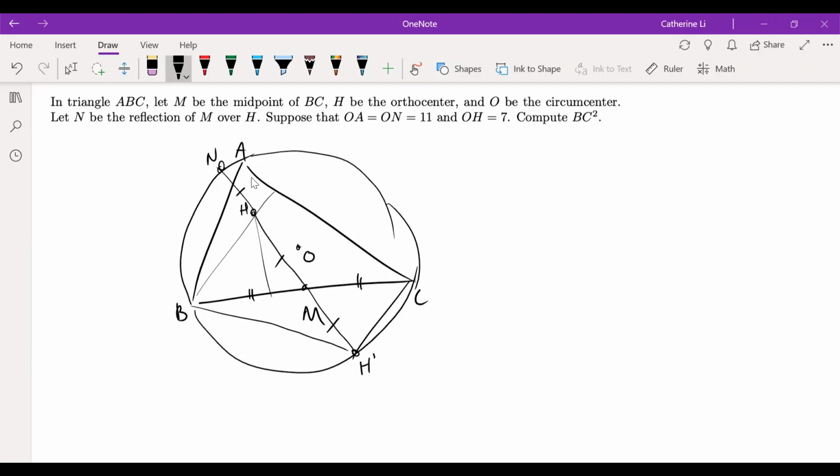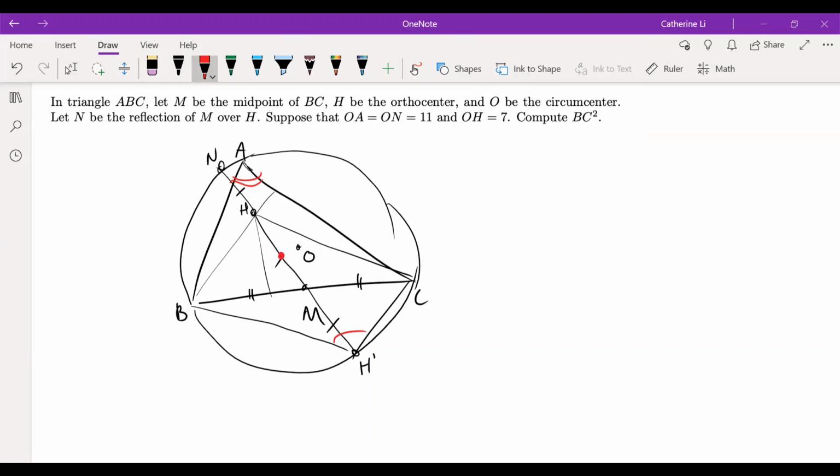And then we can also find angles involving A. So what you end up getting is that this angle and this angle add up to 180 degrees, which means H prime has to be on the circle. But anyway, once you get that, if we take the midpoint of HM, then we're also getting the midpoint of NH prime because everything is split evenly.